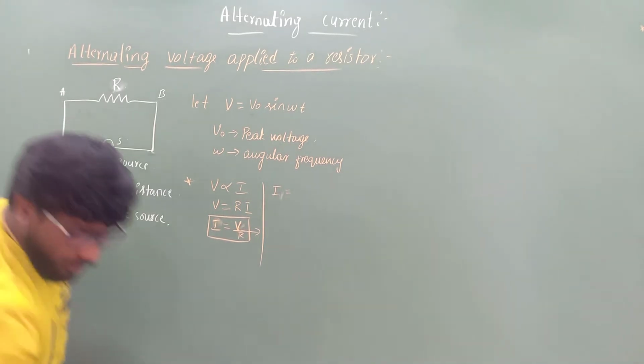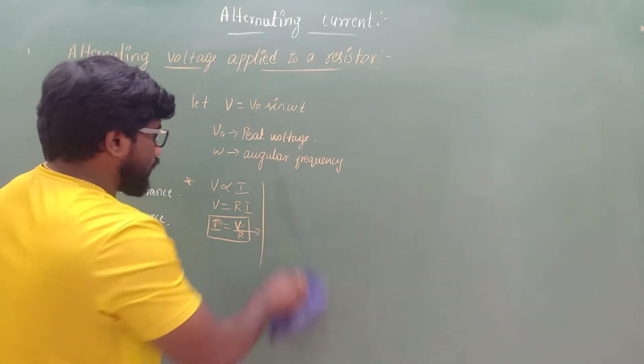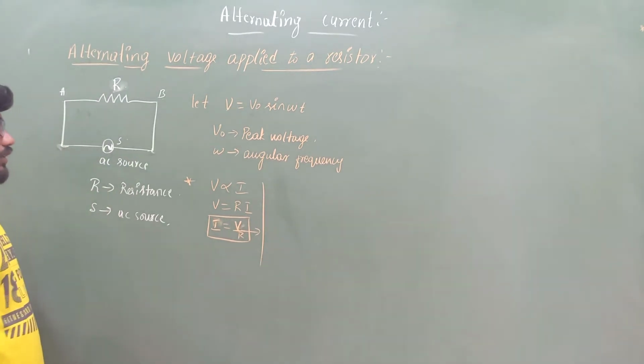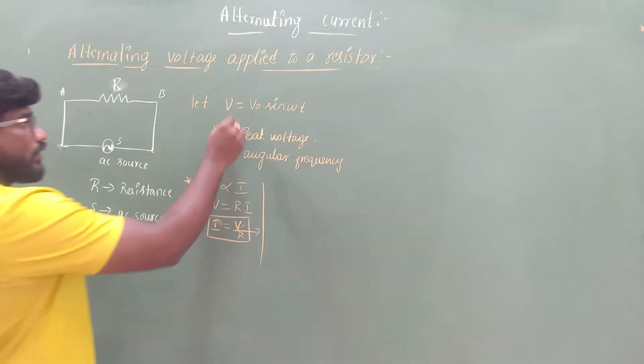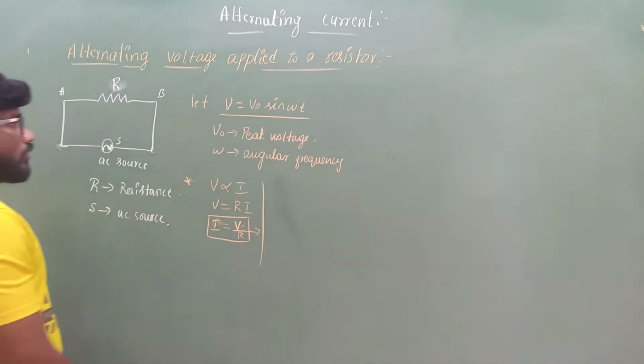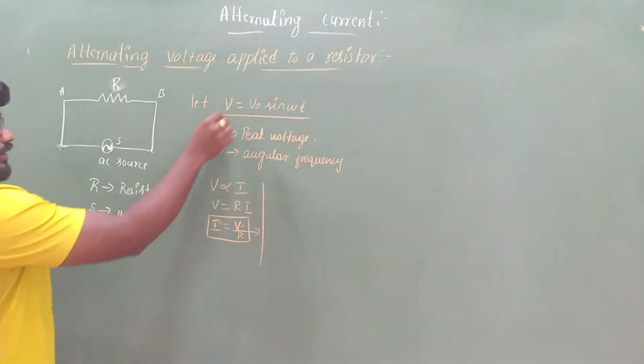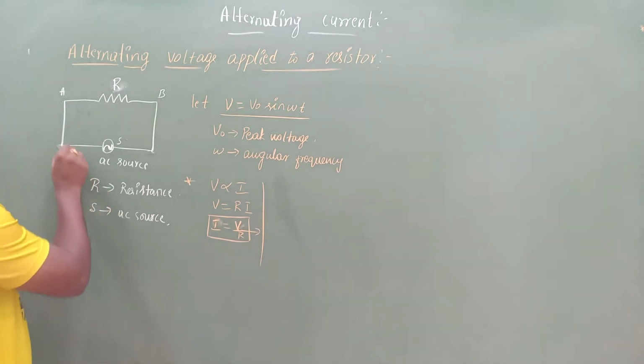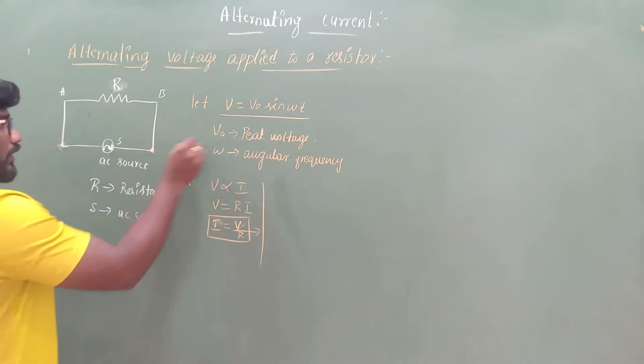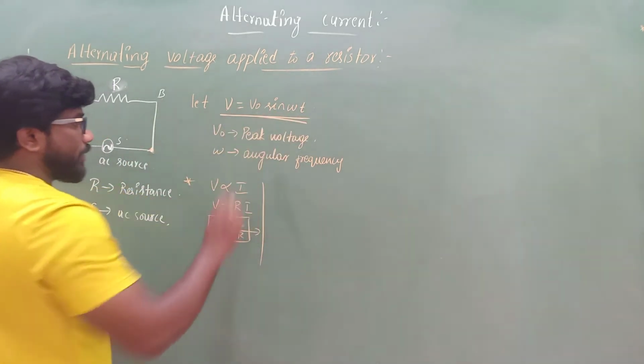Now I need to find the value of I. Before going to that, see here what we wrote: V is the potential difference across the source, which can be written as V naught sin omega t.